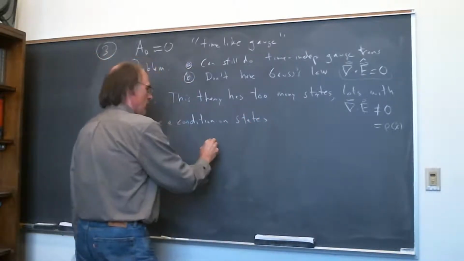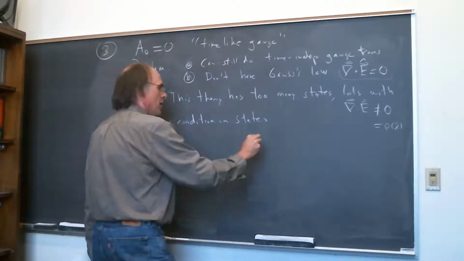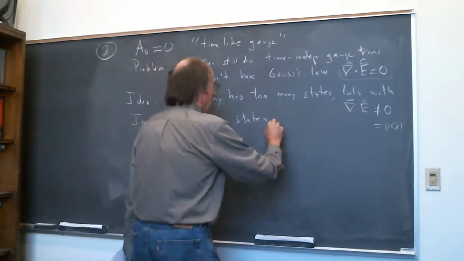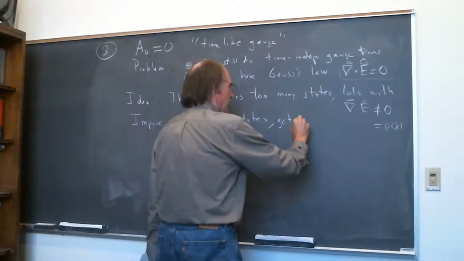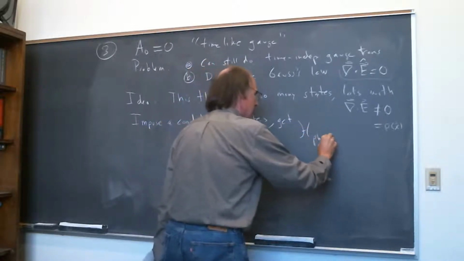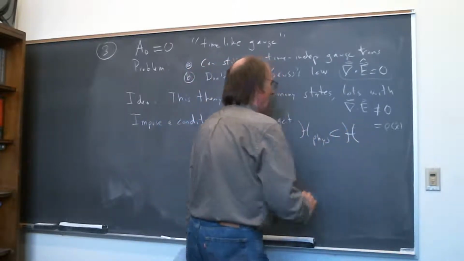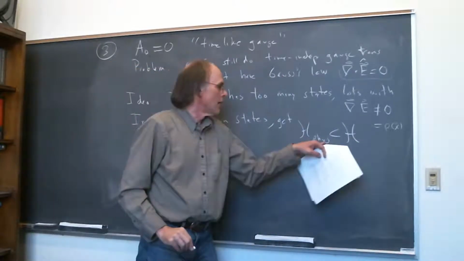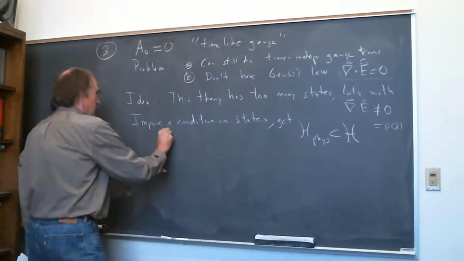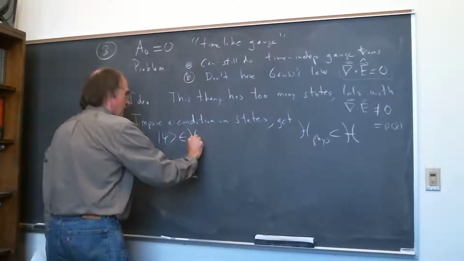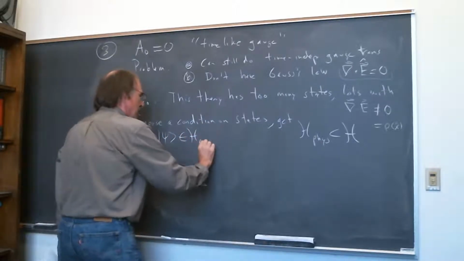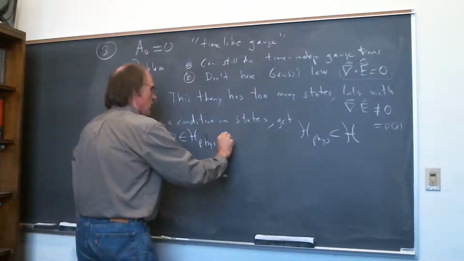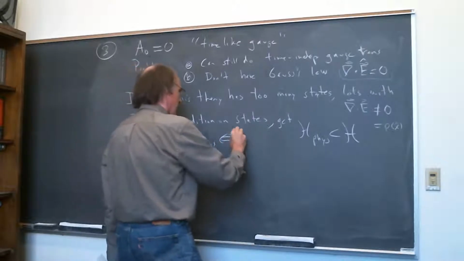So then you say that, and then you're going to get a physical subspace of your state space, where psi is an element of H physical, which corresponds to del.